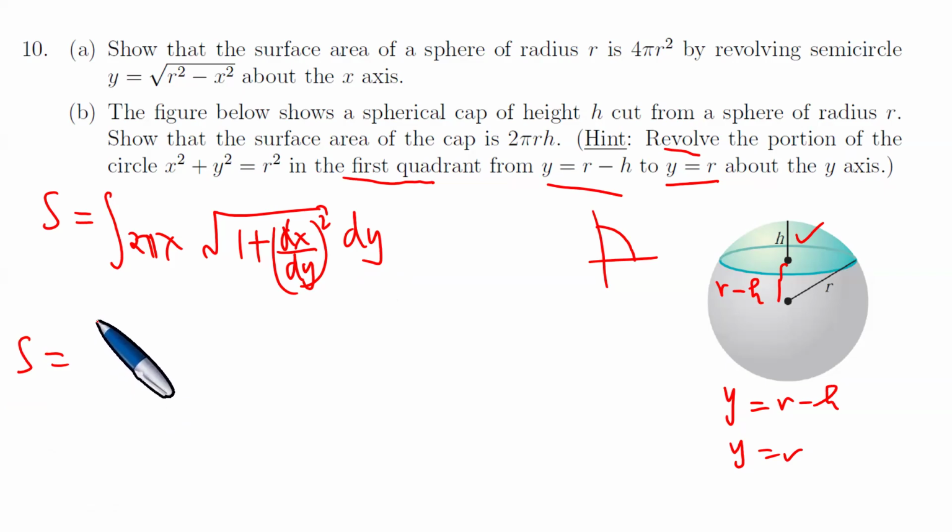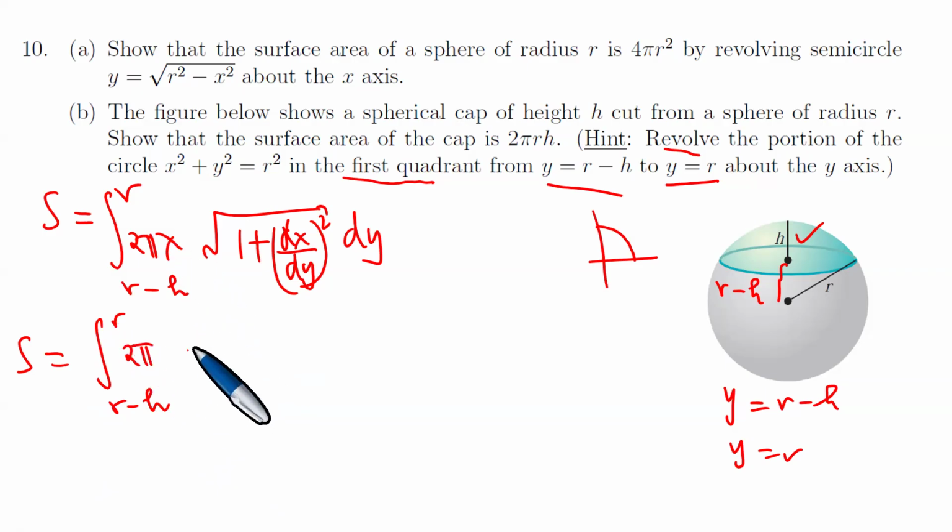So if you integrate this in the first quadrant from y equals r minus h to y equals r, you revolve this about the y-axis. So you have r minus h to r, 2 pi.